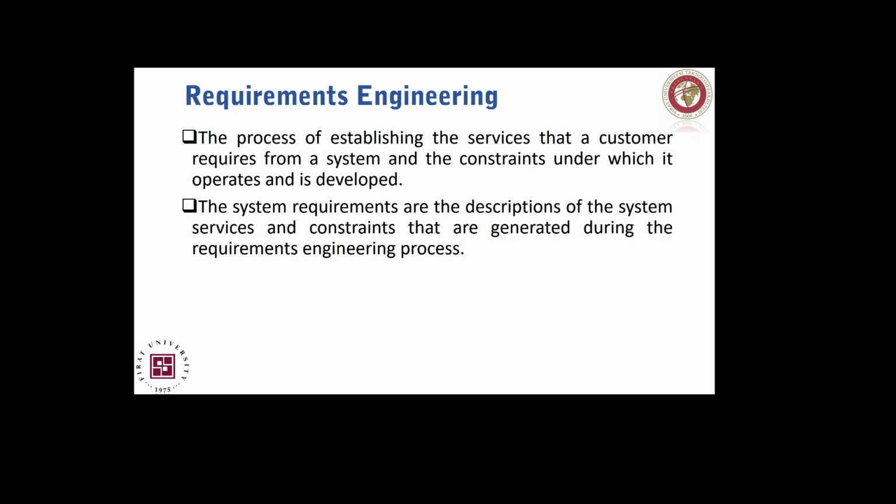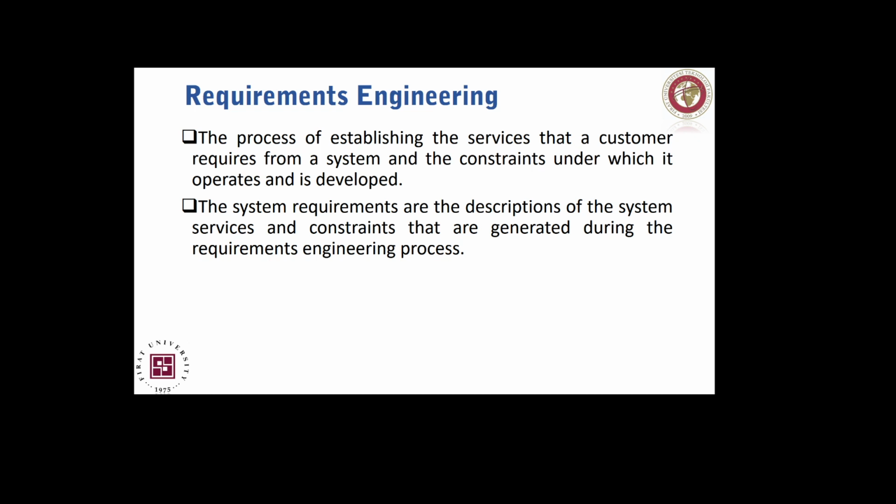However, it's not just plain as that. We need to think about the constraints on the system, how the system operates, and what kind of services it provides. So, services and the constraints on the system.